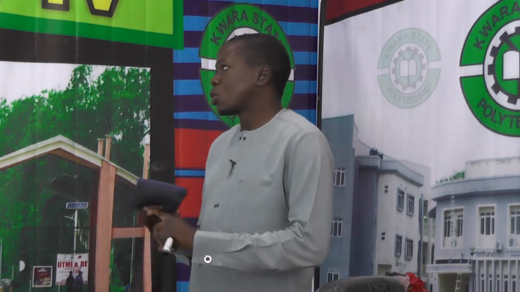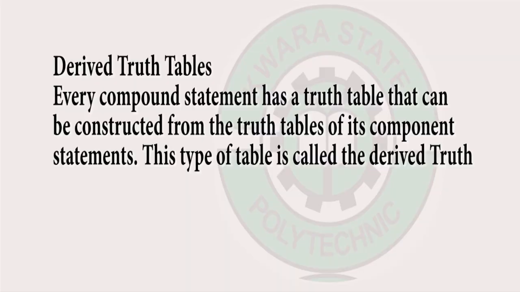So, like I've been saying, we have done with the connectives: conjunction, disjunction, negation, conditional statement, and biconditional statement. So the next one now is derived truth tables. Every compound statement has a truth table that can be constructed from the truth tables of its component statements.